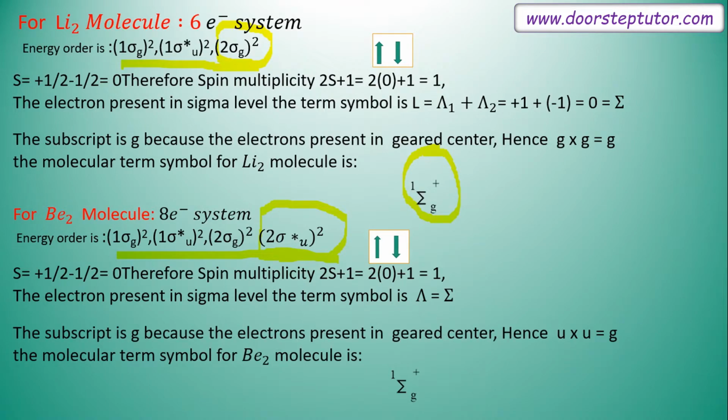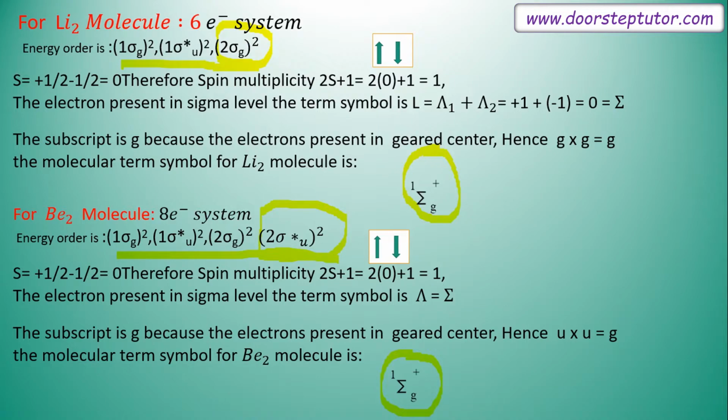The subscript is G, because here the electrons are in the Ungerade center, so there is no center of symmetry, and therefore U into U is equal to G. So the molecular term symbol for the Be2 molecule is 1 sigma G plus. Clear, student?